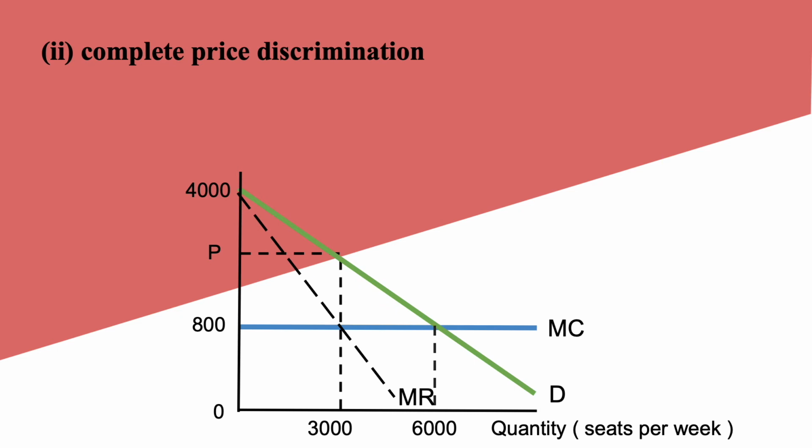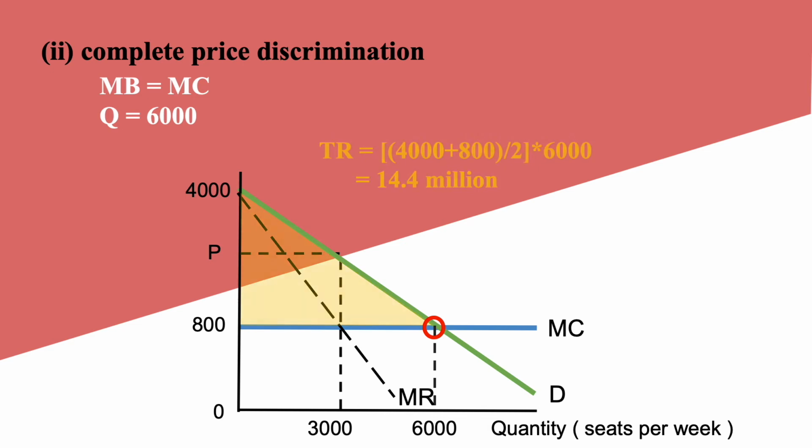For the second one, complete price discrimination. Under this system, the seller should sell the quantity where marginal benefit equals marginal cost, which is at the quantity equal to 6,000 at this point. And then we can calculate the total revenue, which is the area under the demand curve up to quantity equal to 6,000.